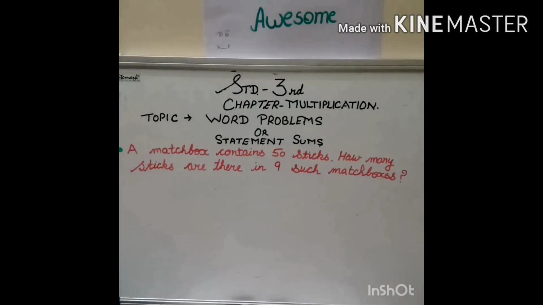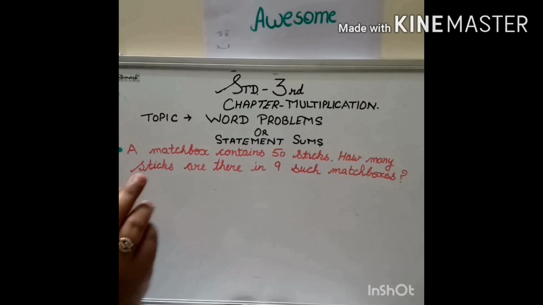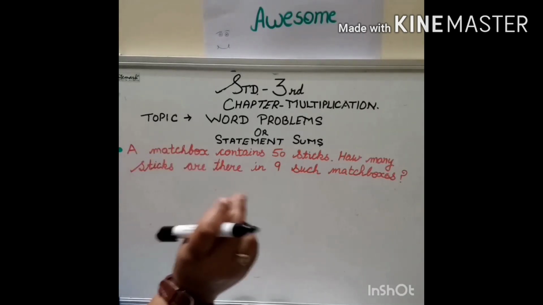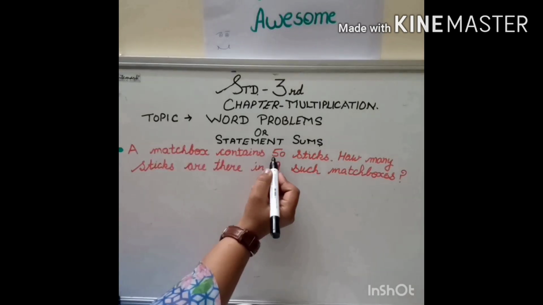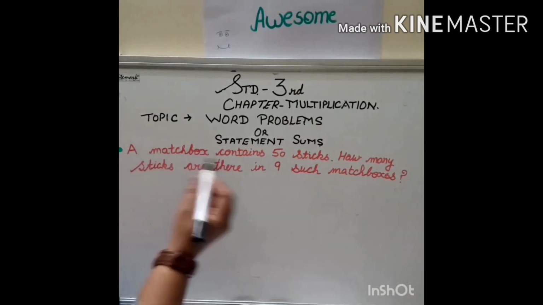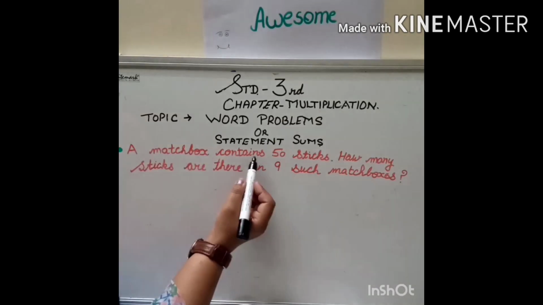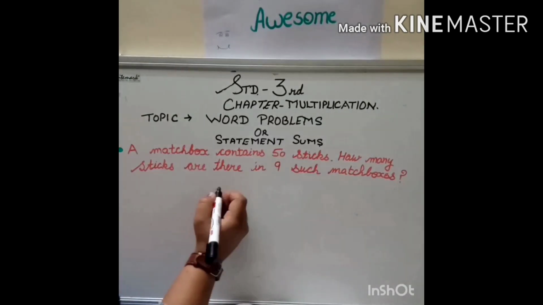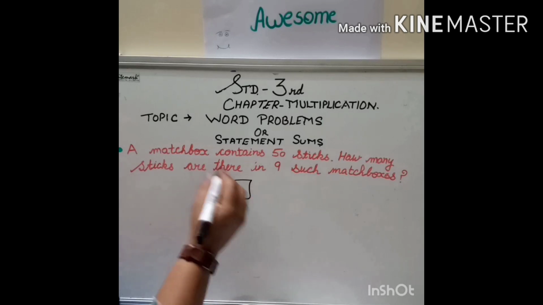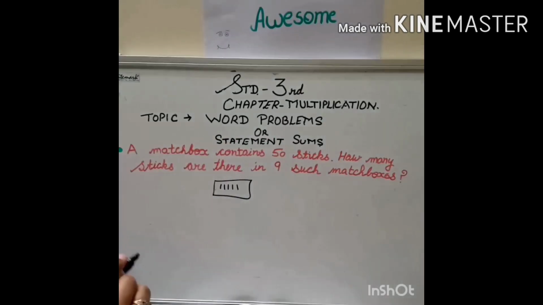To find out, children, you can put your own numerical values, very small digits, in place of the digits they have given in the question. For example, you can say a matchbox contains, okay, you can take 5. A matchbox contains 5 sticks, 1, 2, 3, 4, 5 in one box.